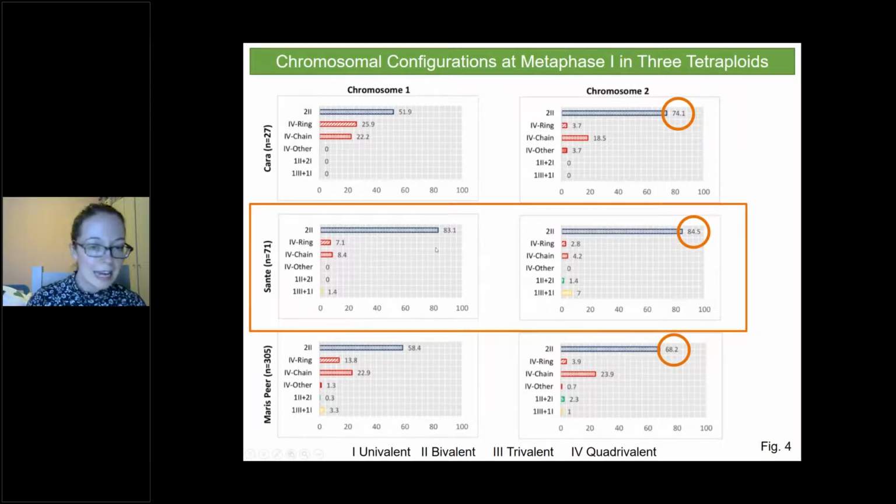So in Sante, there was significantly higher bivalent pairing compared to quadrivalent. So what we think is that different varieties of potato have undergone the cytological diploidization to different extents, which may be linked to genetic or epigenetic features in these different varieties, which are quite different from each other genetically.